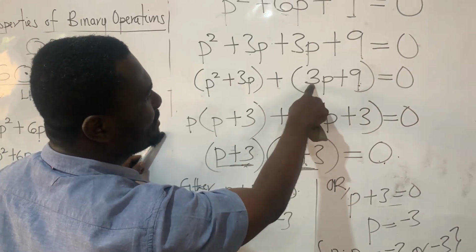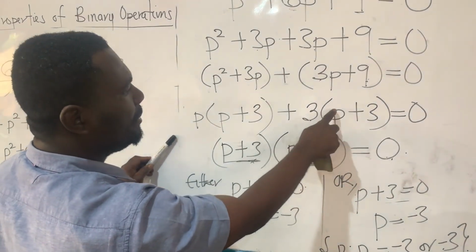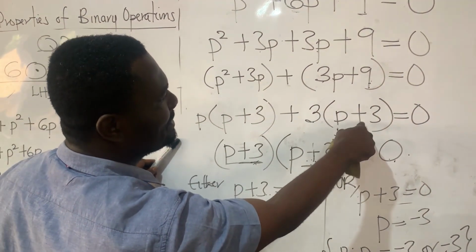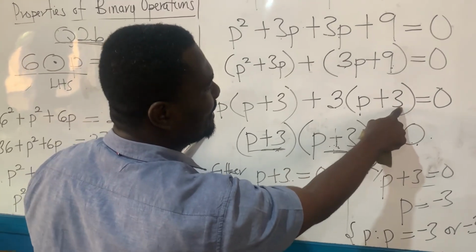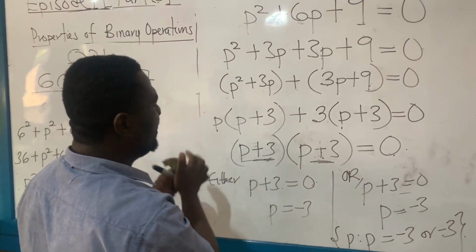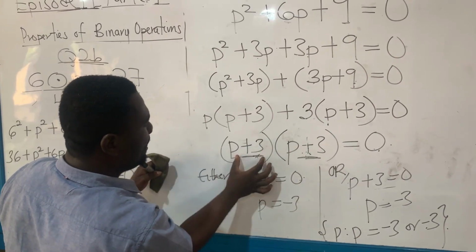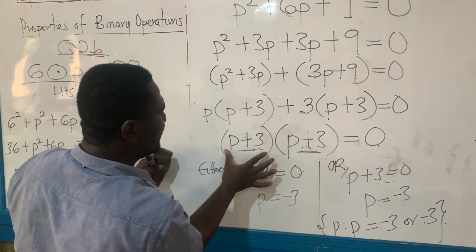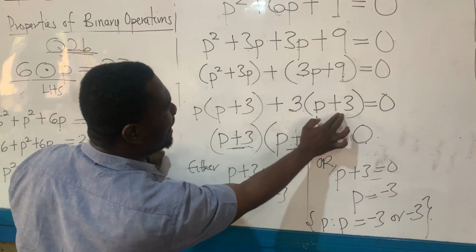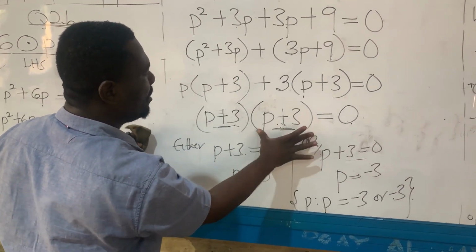The same process: 3 can go into 9, so 3 will be out, and it will be left with P plus 3. This one has appeared twice, so you pick one of them and multiply by the first factor, P.